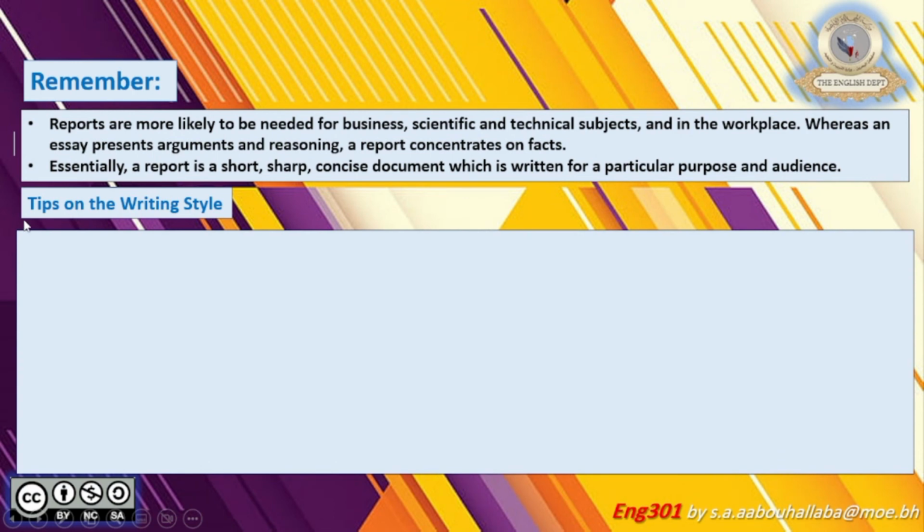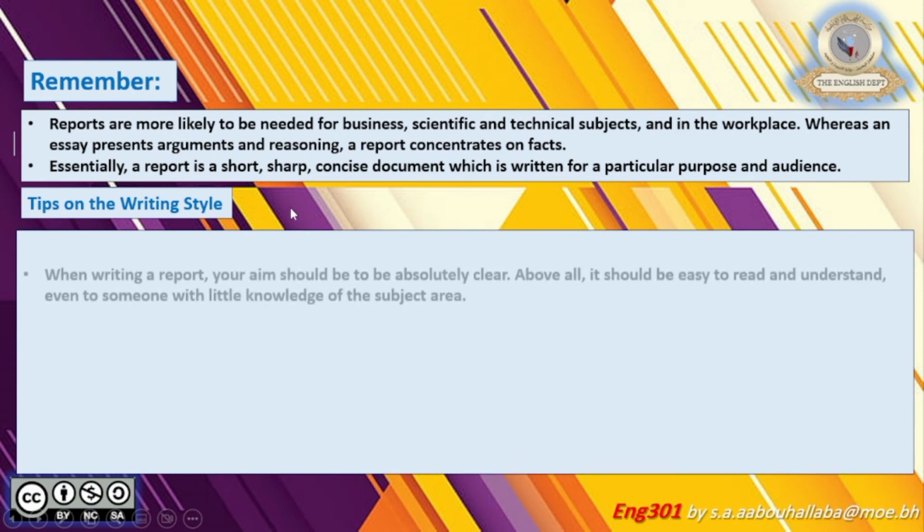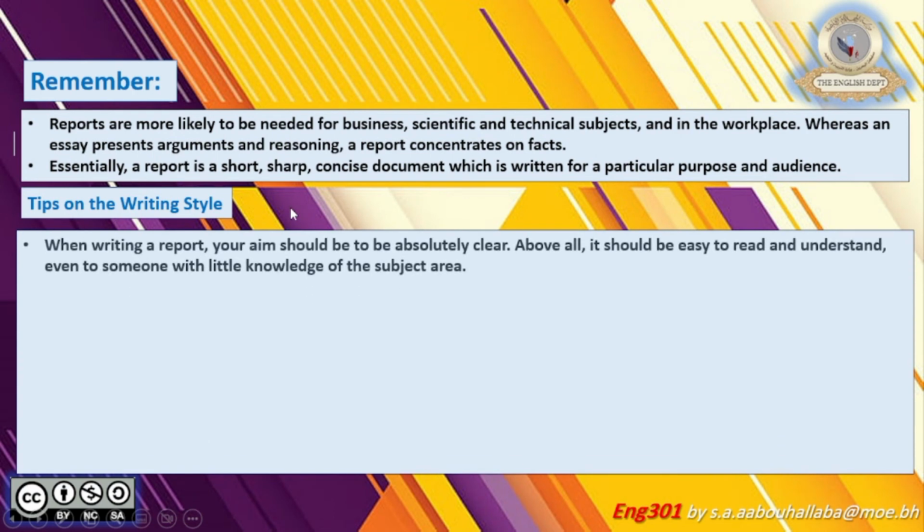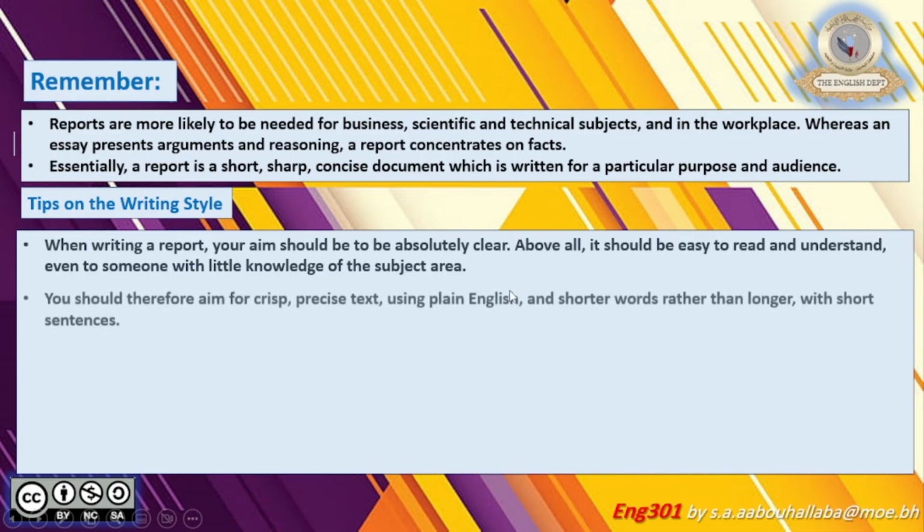Well, let's take some tips on writing style. When writing a report, your aim should be absolutely clear. You need to make your opinion, your aim clear from the very beginning. Above all, it should be easy to read and understand, even to someone with little knowledge of the subject area.